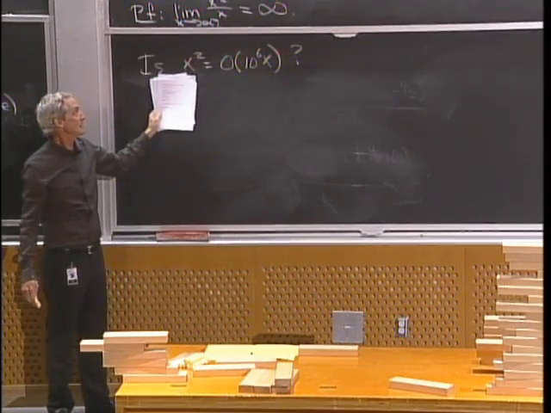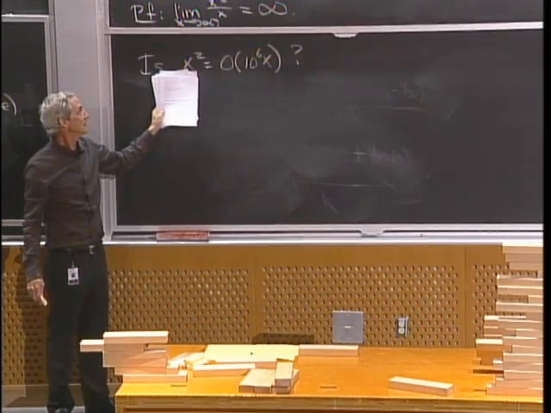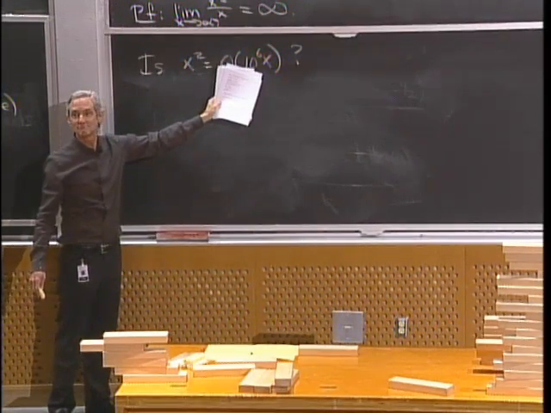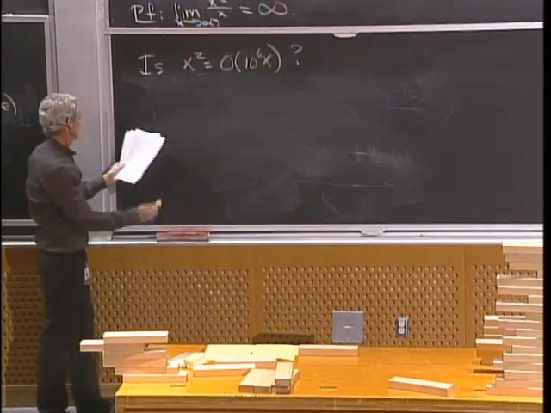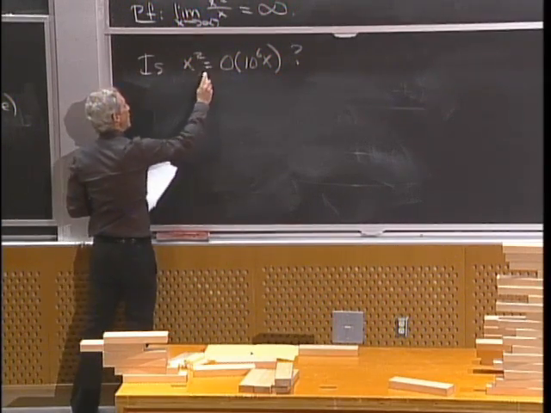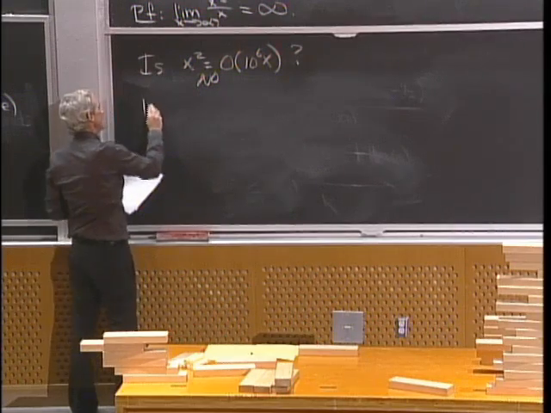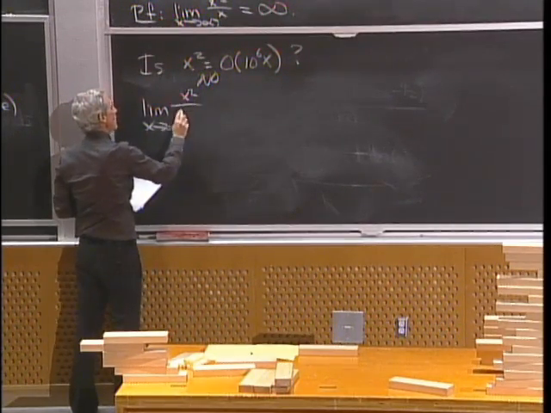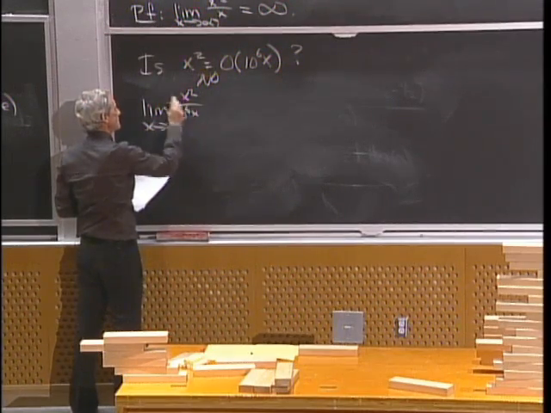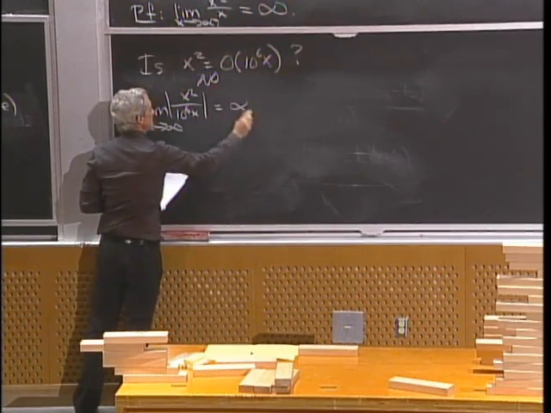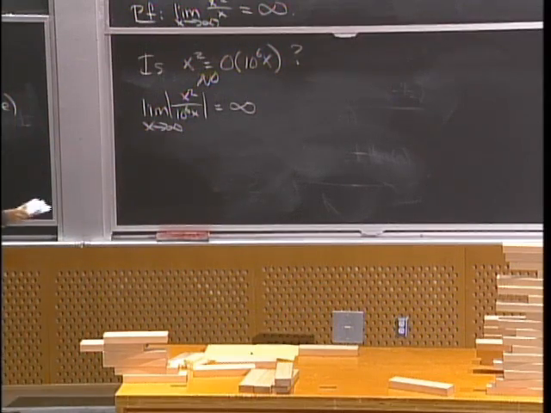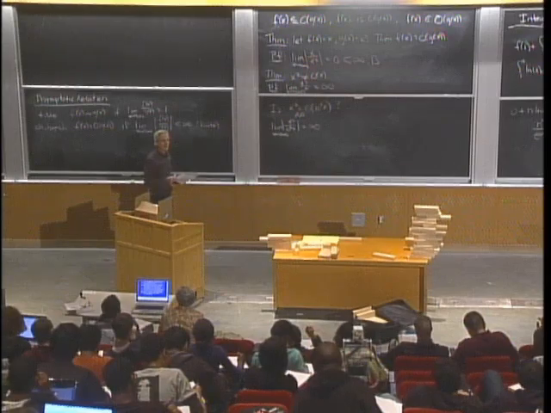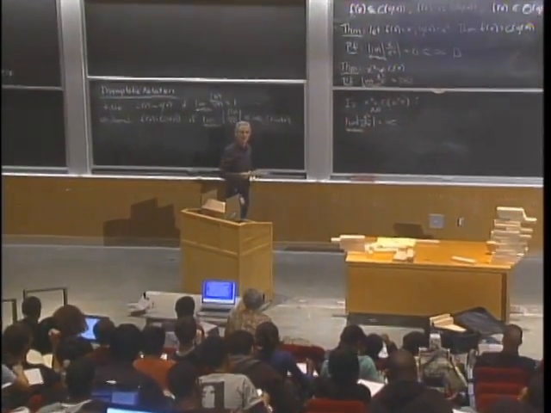So in the limit, as x goes to infinity, this over that is infinite. All right, so no, because the limit as x goes to infinity of x squared over 10 to the 6x equals infinity. All right, so the thing with big O notation is you just ignore constant factors. They don't do anything. Just forget about them.